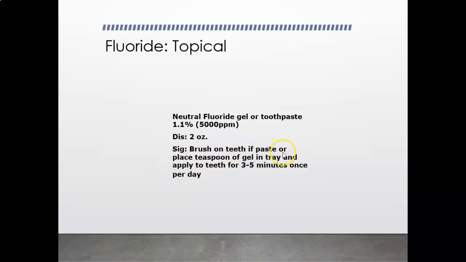So either brush with a tiny bit or place it in a tray depending on how it's being dispensed, and apply to teeth for 3 to 5 minutes once per day. Now this could potentially say something like don't rinse, preferably right before bed. You could put other instructions, or maybe have an instruction pamphlet that you hand to them along with the prescription.